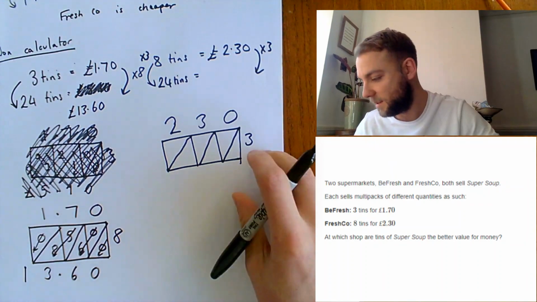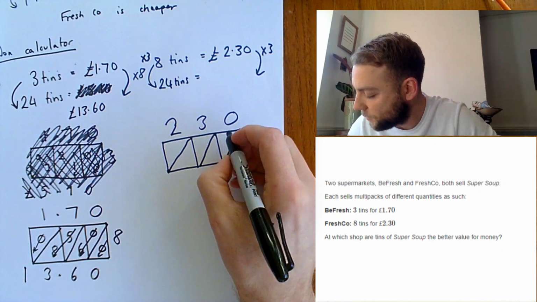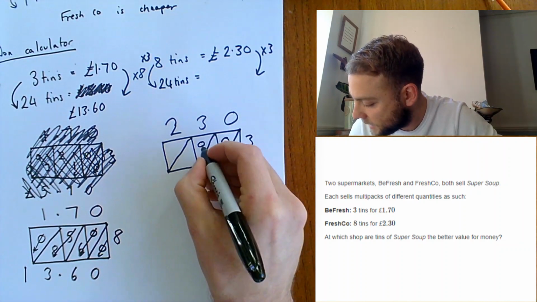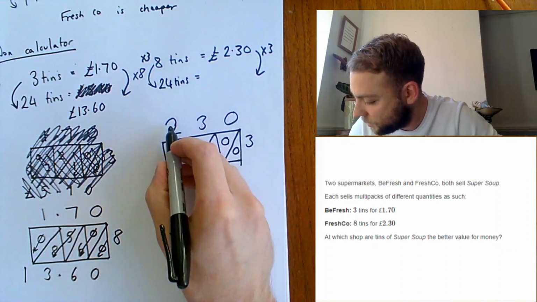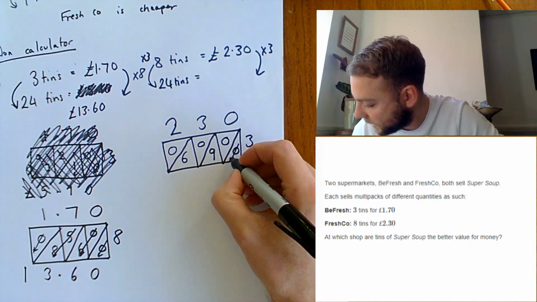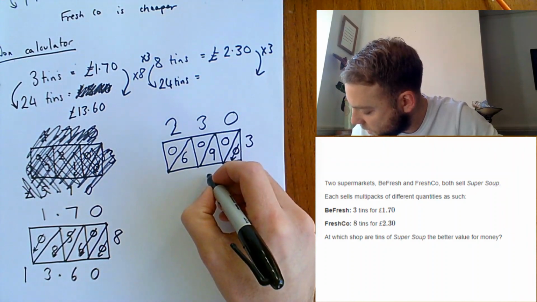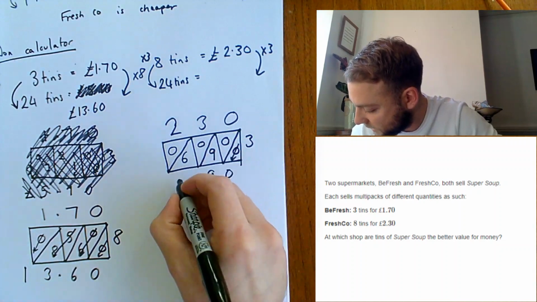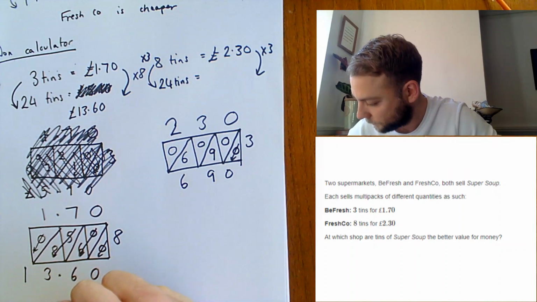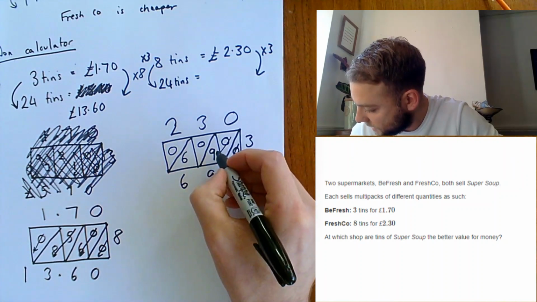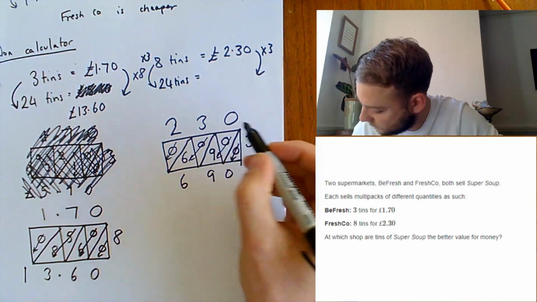So we all make mistakes. So 0 times by 3 is 0. 3 times by 3 is 9. 2 times by 3 is 6. Adding diagonally, 0. 0 plus 9 is 9. 0 plus 6 is 6. 0 at the end. So we've got this diagonal, and this diagonal.